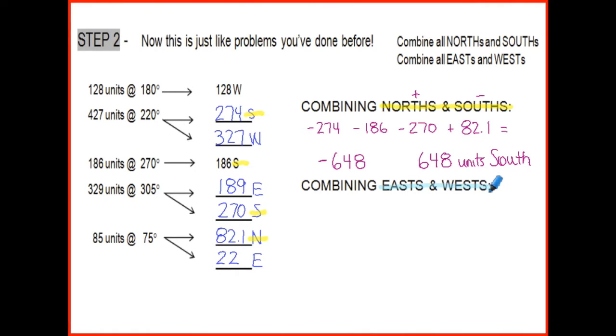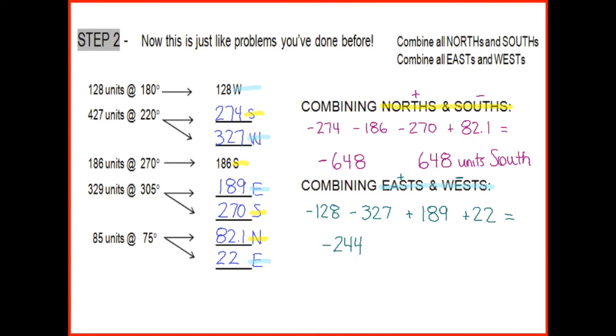So that just means 648 units south. Same thing with my east and west. I'm going to call east positive and west negative. So I have a west, an east, and an east. So positive because this one's east. And positive 22 because that's east. So I got a negative answer again, negative 244.